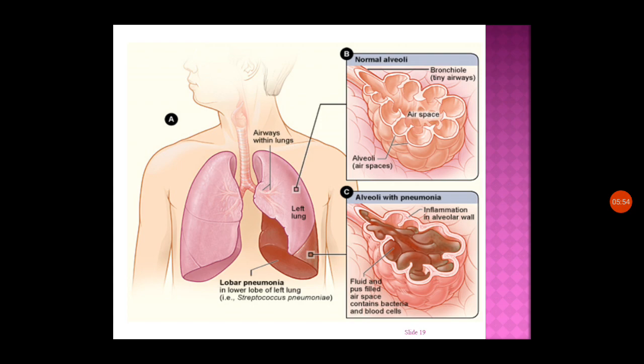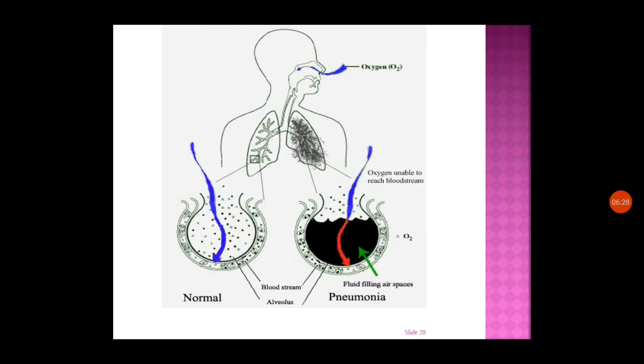Normal alveolar air space is very empty, only filled with air. Now with pneumonia, inflammation in the alveolar walls leads to leakage of fluid, macrophages, leukocytes, and some RBC into the alveolar space, and it is filled with bacteria and blood cells, leading initially to red hepatization, later grey hepatization, and later resolution.